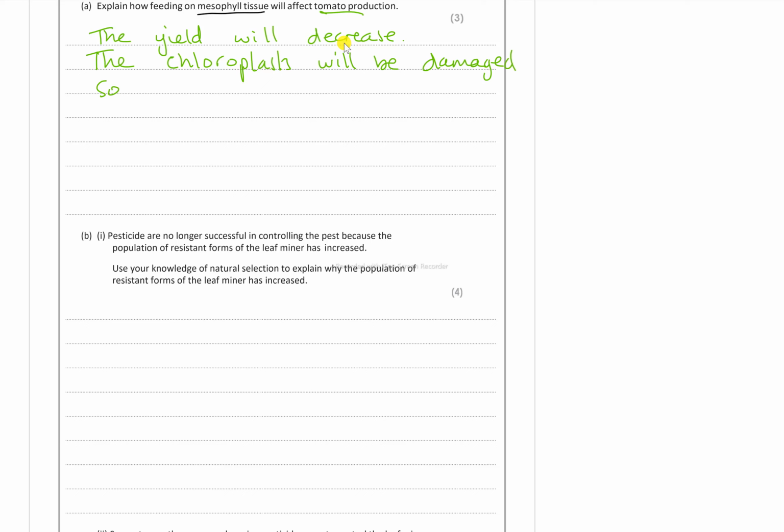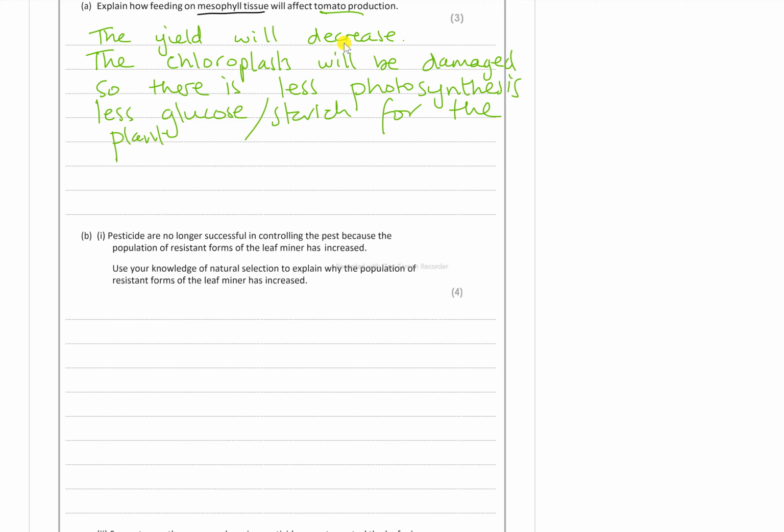So what happens when there's less chloroplast? So there is less photosynthesis. What does photosynthesis produce? Glucose for respiration and growth. So there will be less glucose, you can even say starch, for the plant. There you go.